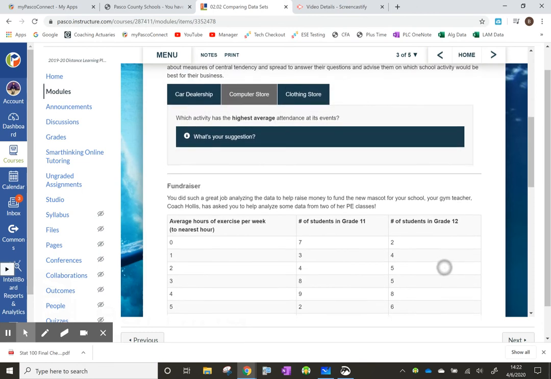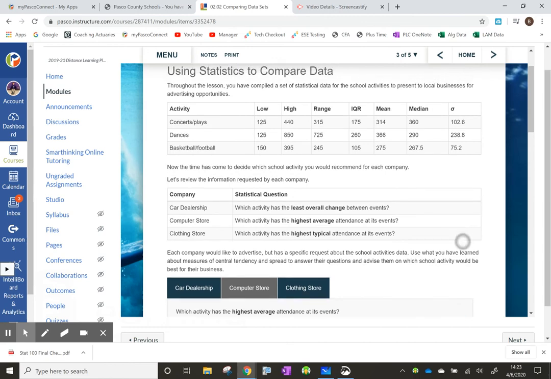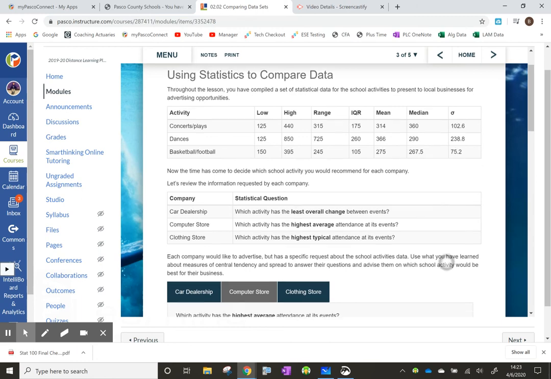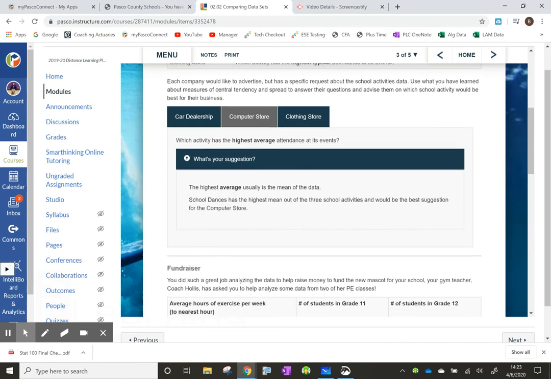The computer store. They want the highest average, which usually is the mean of the data. So if we look at the highest mean, it's the dances. The mean of the dances is 366. So that's the highest average attendance. So the computer store would select the school dances.